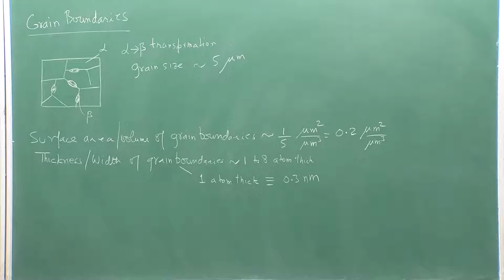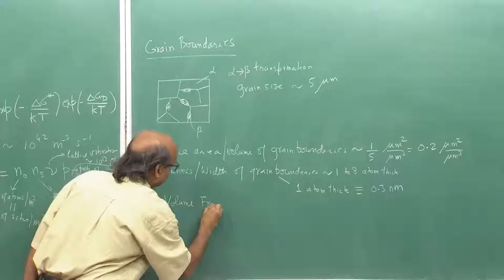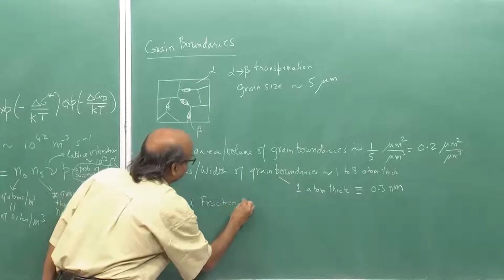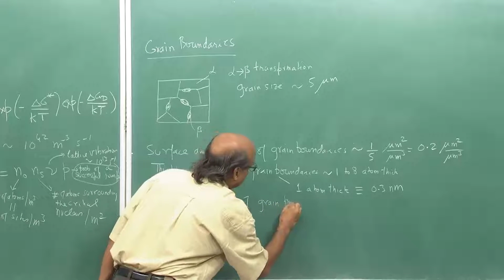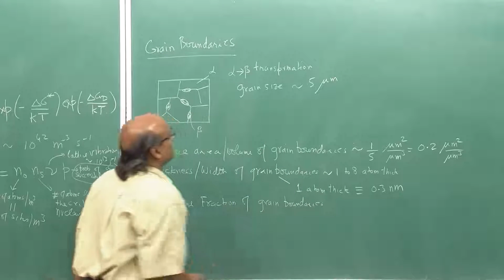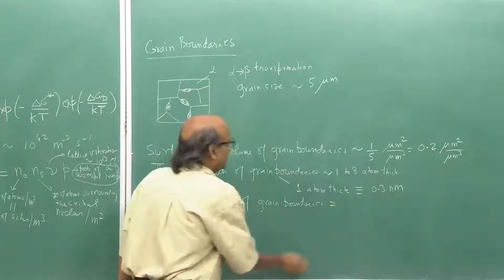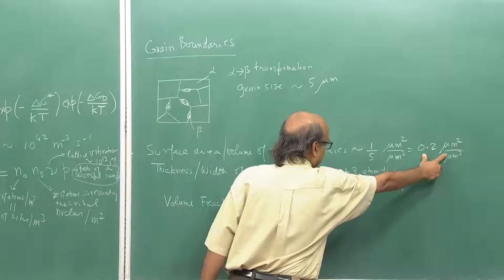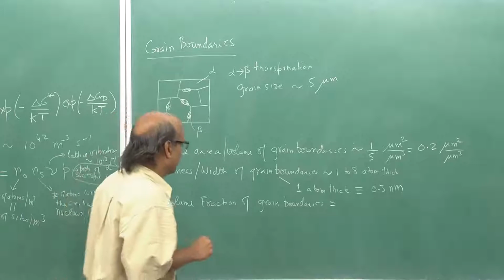So, what is now the volume fraction of grain boundaries in a material like copper which has a grain size of 5 micrometers? Well, that would be simply the surface area per unit volume multiplied by the thickness or width of the boundary.